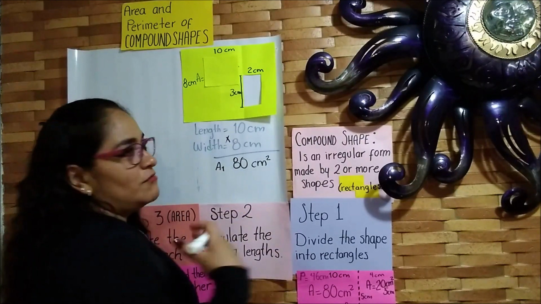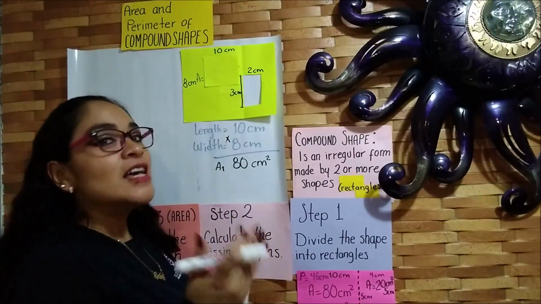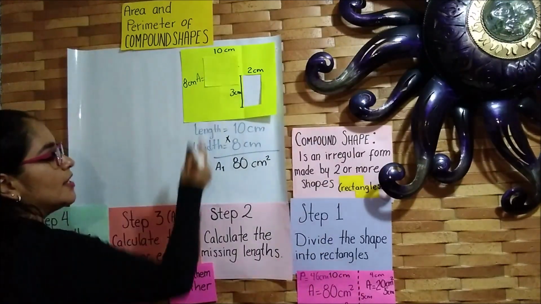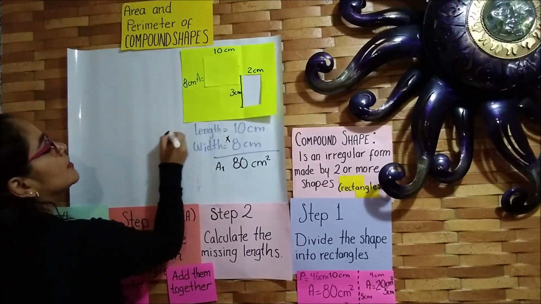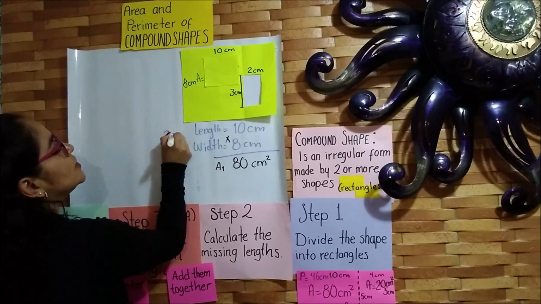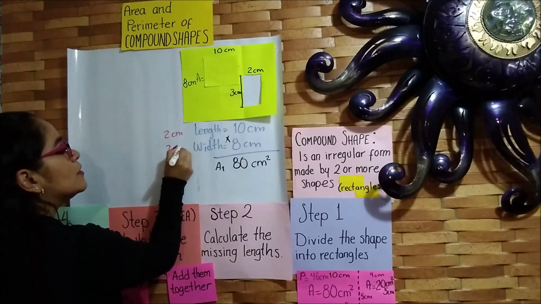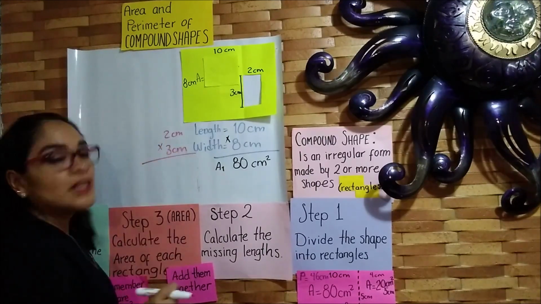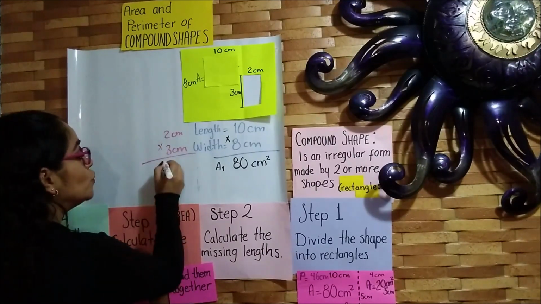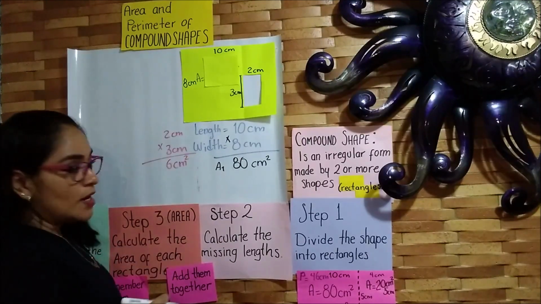But we don't want to waste that extra grass. So that's why we're going to subtract the area of shape 2. And we have length 2 centimeters, width 3 centimeters, and we're going to multiply. 3 times 2 equals 6 centimeters square.